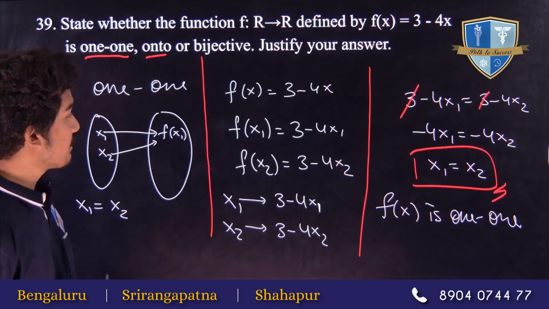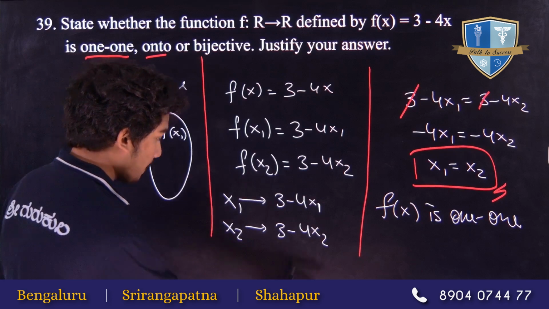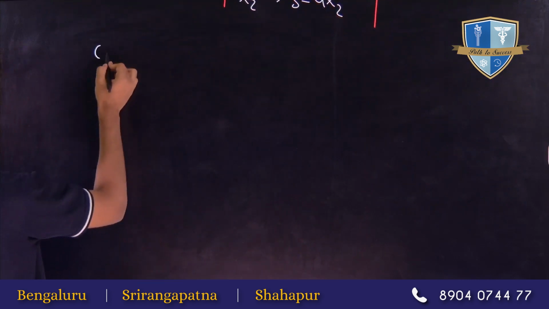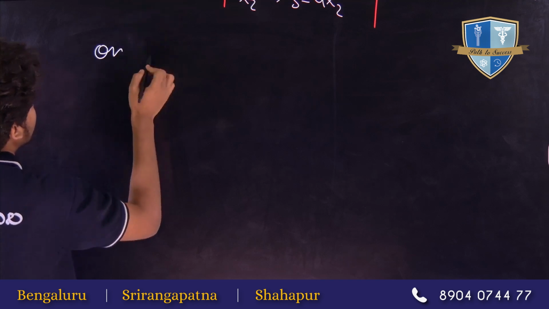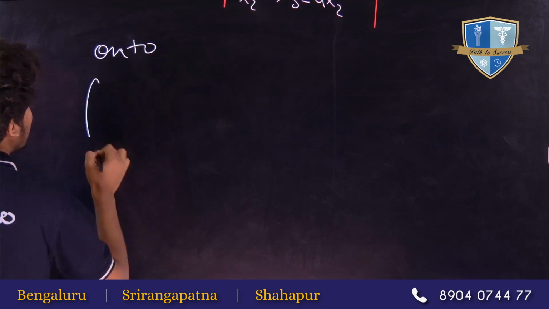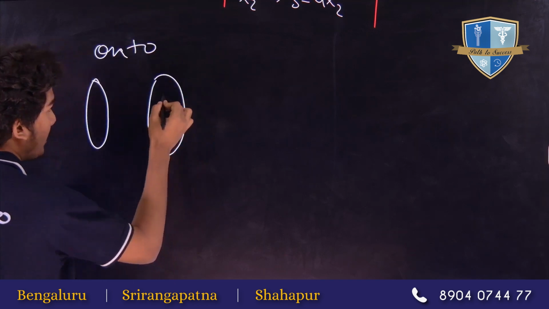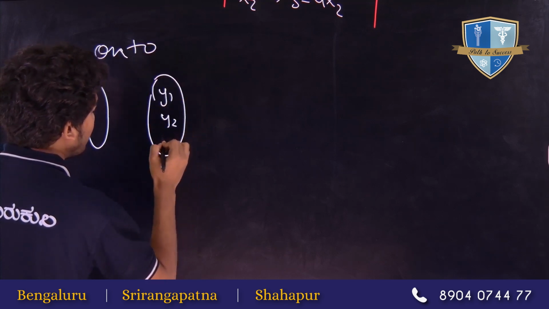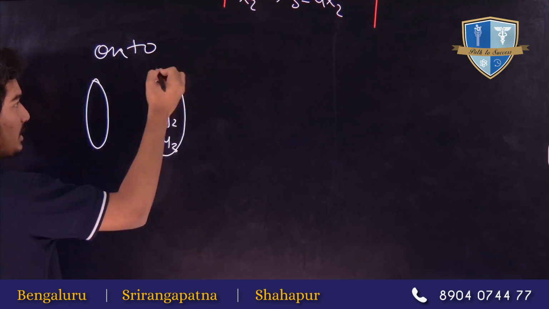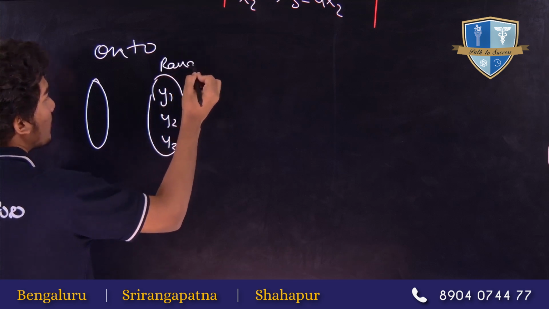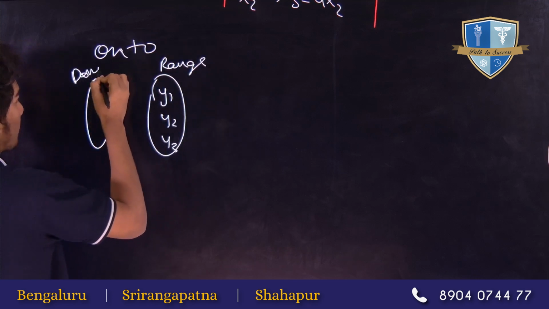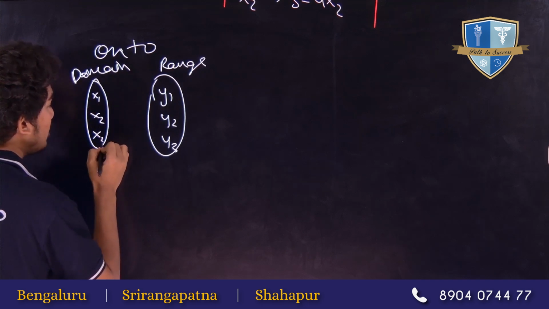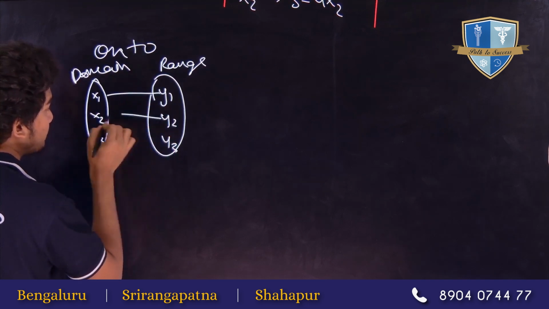Now we are supposed to check whether the function is onto or not. A function is an onto function when for every value, if we have y1, y2, y3, for all values in the range, there will be an existing value in our domain.